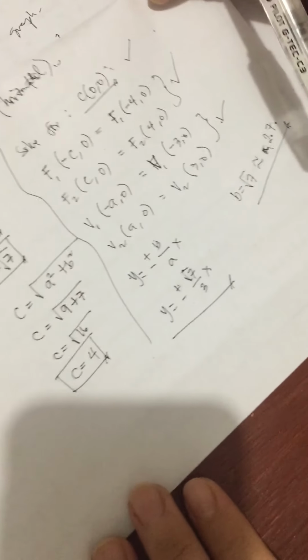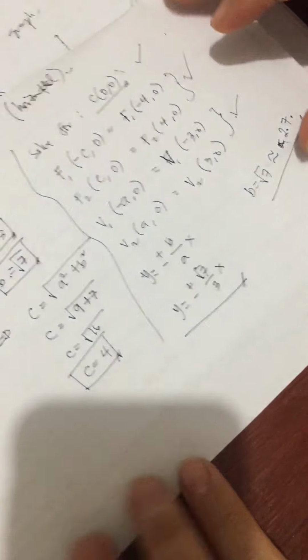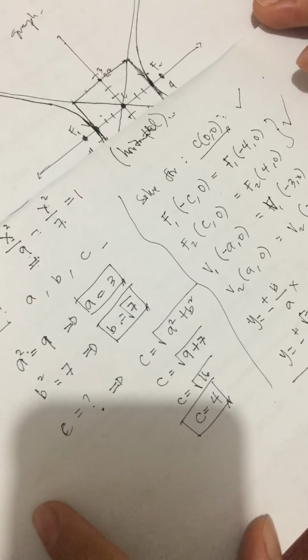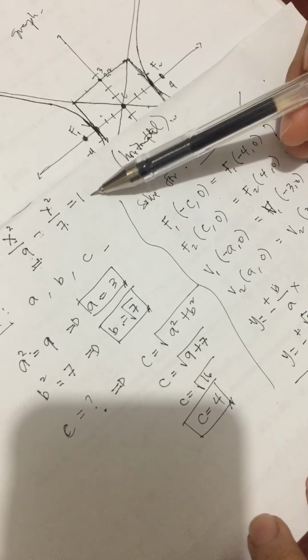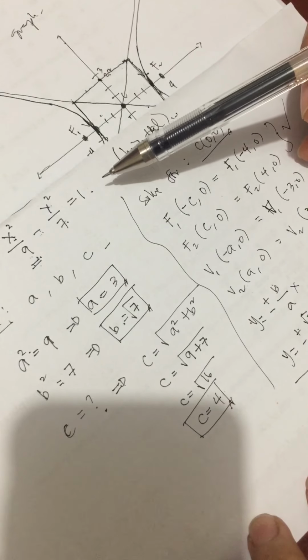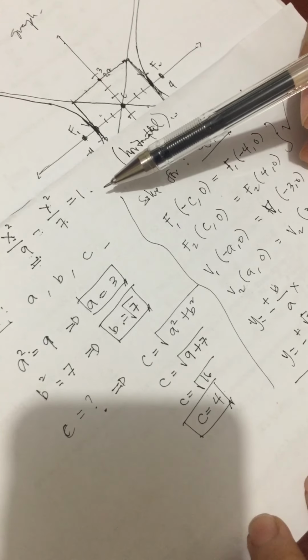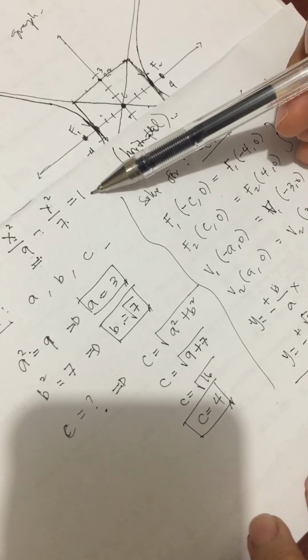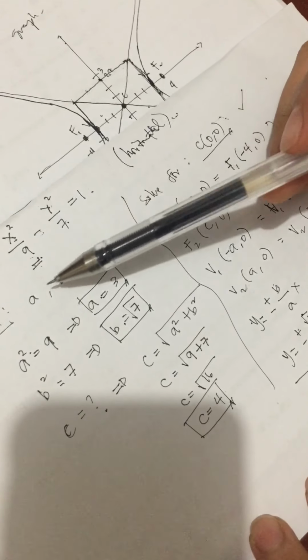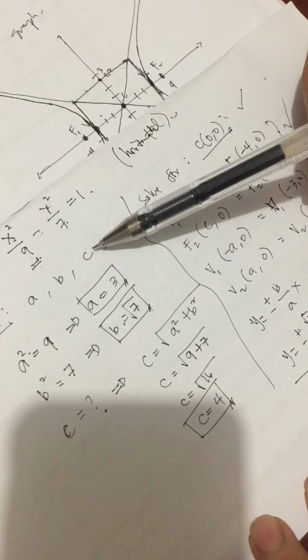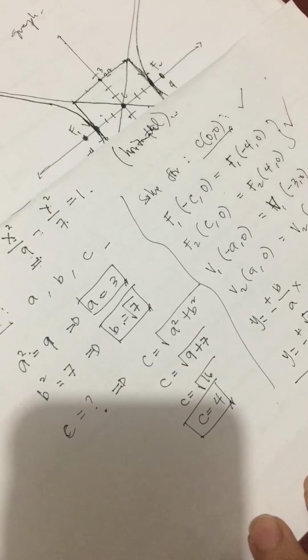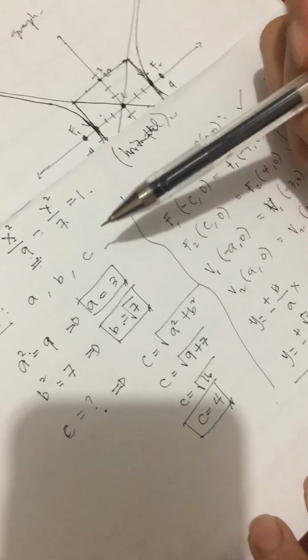So, let's have the review. This is the equation. So, for you to get the foci, the vertices, and the asymptote of this hyperbola, you are going to find first A, B, C, because we are going to make use of the values of this to get the foci, the vertices, the conjugate, and the asymptote.